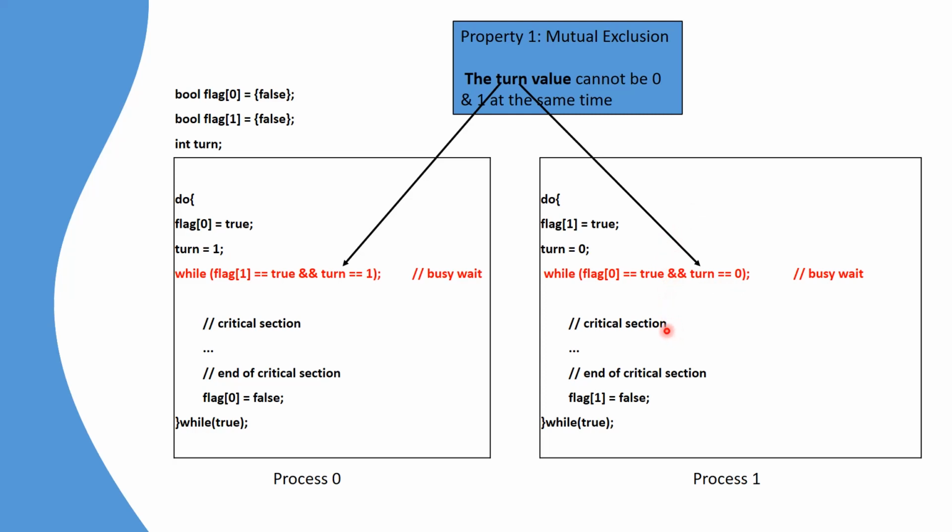When process 1 enters the critical section, it will execute on the shared variables, and when it comes out of the critical section, it changes the value of flag 1 to false. So flag 1 becomes false, and process 0 can now enter the critical section, because if any one of the conditions is false, it will enter. So the first condition, mutual exclusion, is satisfied, as turn cannot be 0 and 1 at the same time.